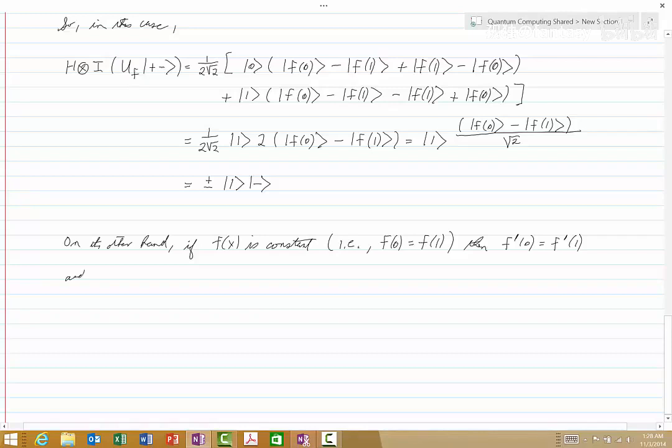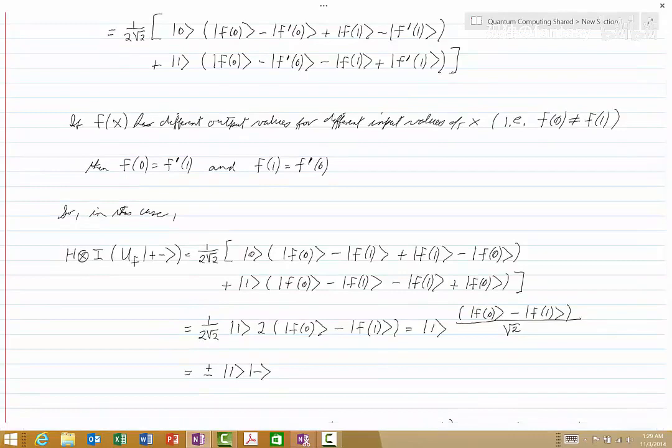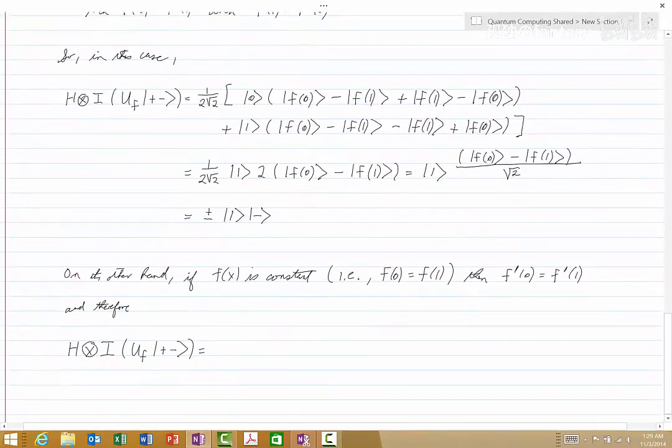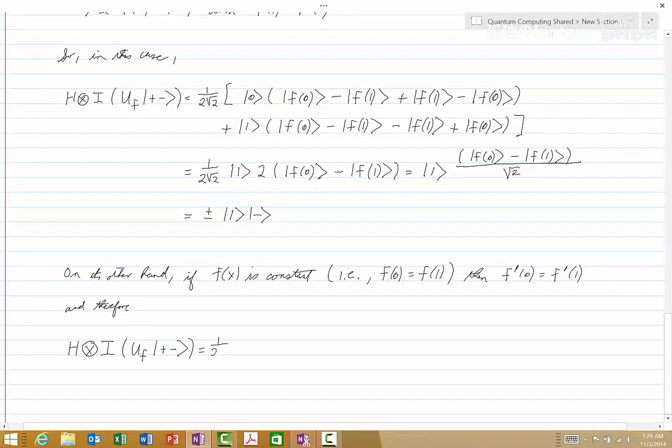And therefore, h cross I, where h tensor product of I of uf of plus minus. Okay, in that case then, let's go back up here to our expression for that. Okay, we get 1 over 2 times square root of 2, 1 over 2 square root of 2.